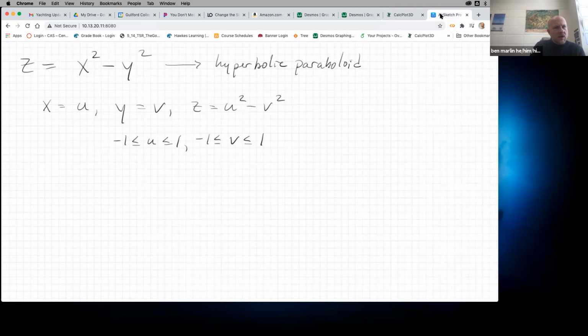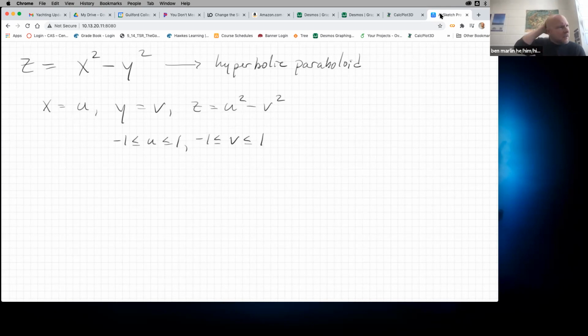Because it's got x squared minus y squared appearing, it makes sense that you should probably be saying x is cos u and y is sin u, and then maybe give it a coefficient like v, and then you would end up with your z being v squared, but then your z's only give you something positive. And so I played around with this for a bit, and I've done this in the past. I always get a little confused about how to make these look the nicest we could manage.